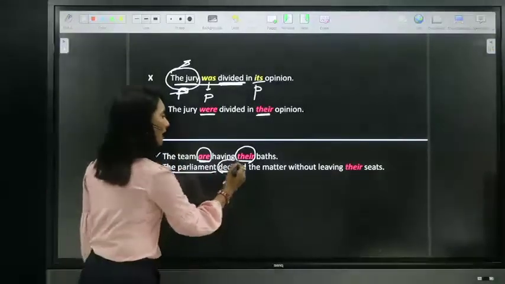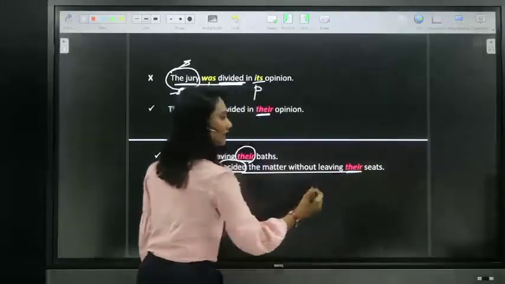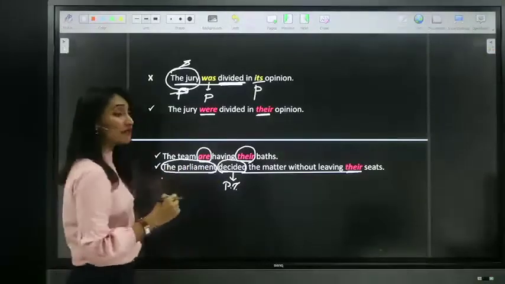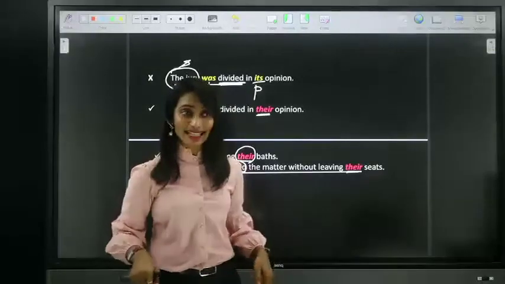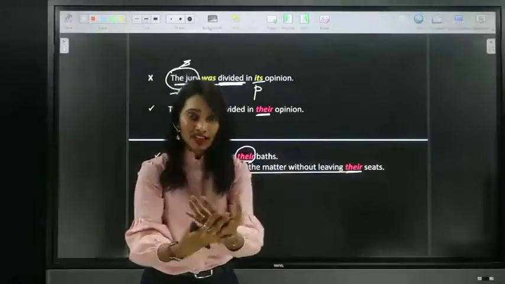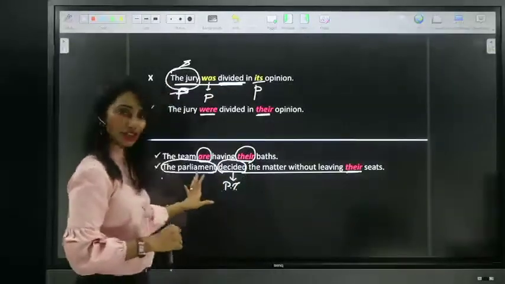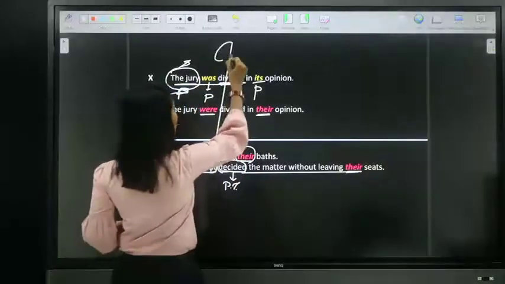So, the parliament decided the matter without leaving their seats. That means again, guys, we are considering the individual members, the ministers, without leaving their seats. We are not taking it as a single entity. We are considering the individual members of the parliament. So this is the exception case for our collective nouns.